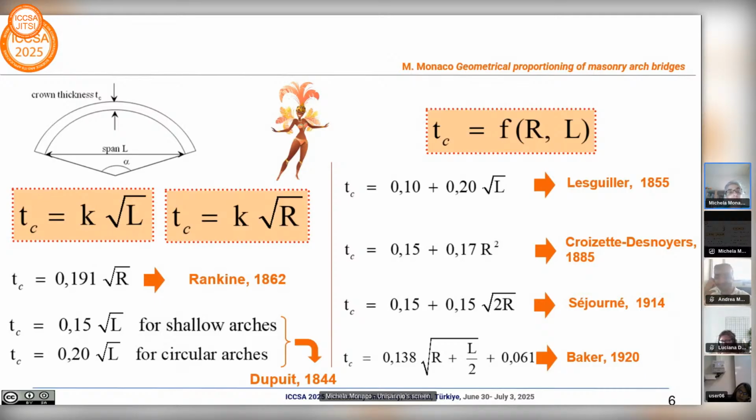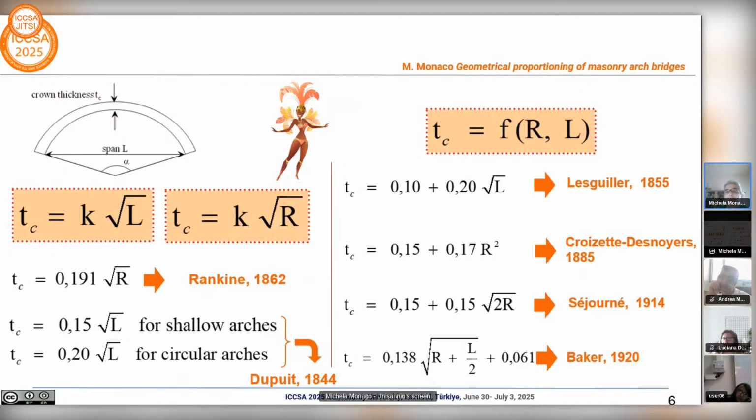But if you look at the Dupuy formula, you will see that the thickness at the crown is 0.15, lower for shallow arches than for circular arches. So the phenomena of stability are not taken into account by this formula.